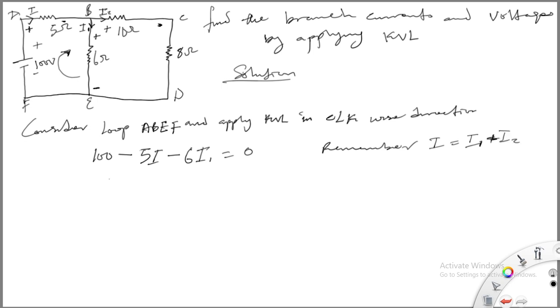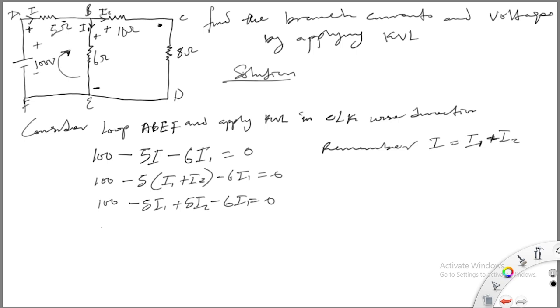So having known that, we would now have 100 minus 5 open bracket I1 plus I2 minus 6 I1 is equal to 0. So 100 minus 5 I1 minus 5 I2 minus 6 I1 is equal to 0.